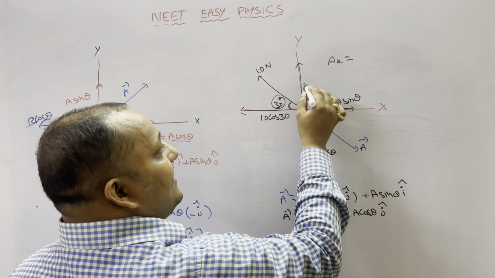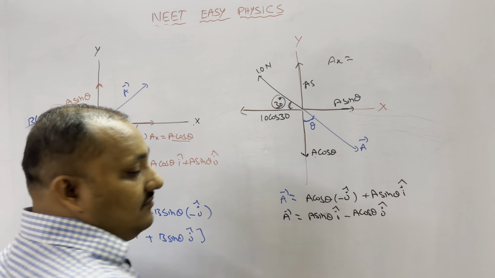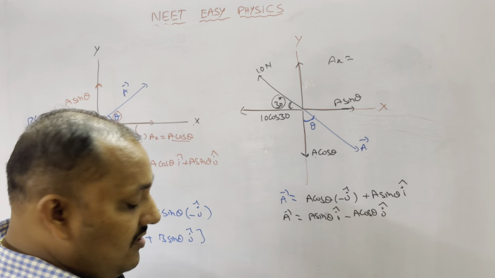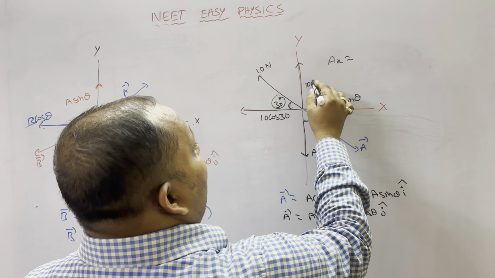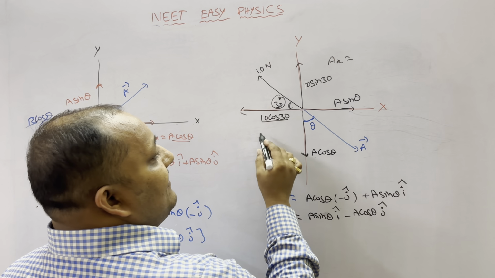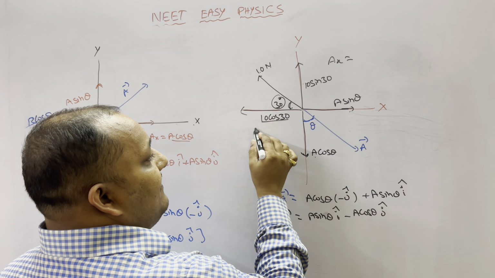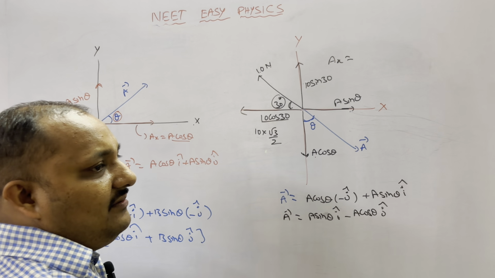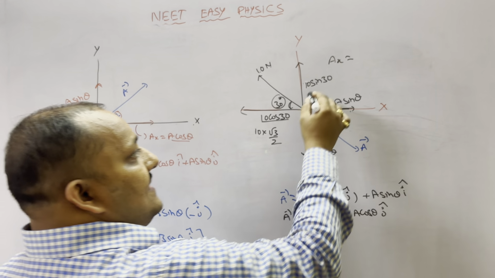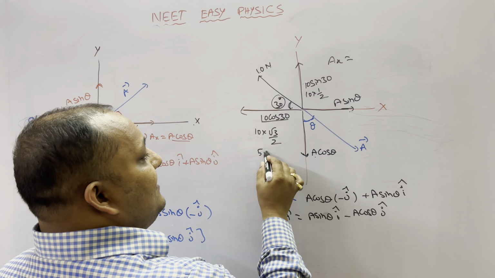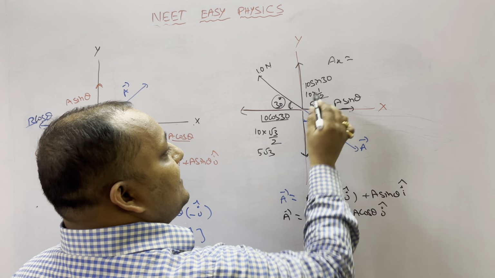Which is not basing theta, 10 sin 30. Understood? So like this you can divide any value. What is the 10 cos 30 value? Cos 30 value is root 3 by 2, and sin 30 value is 1 by 2. So this is 5 root 3, and this is 5.